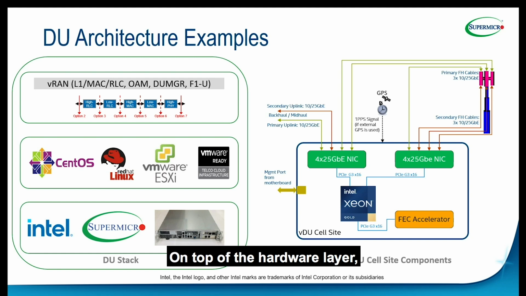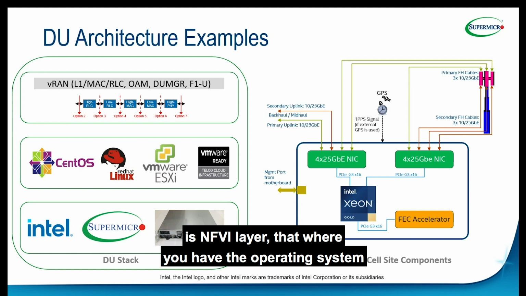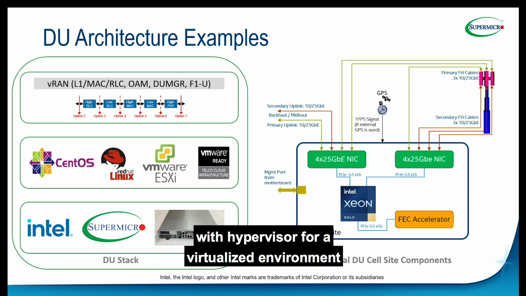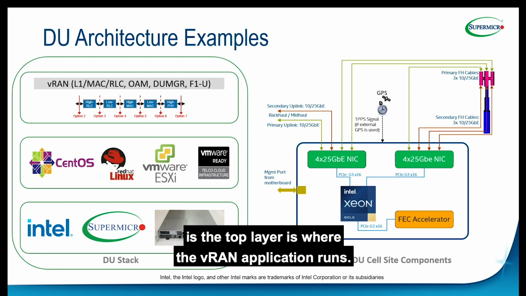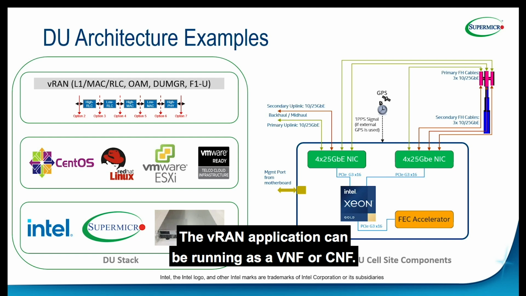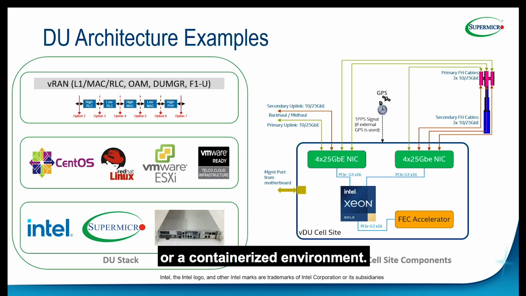On top of the hardware layer is the NFVI layer, where you have the operating system with hypervisor for a virtualized environment or a Kubernetes-based container environment. And on top of that is the top layer, where the vRAN application runs. The vRAN application can be running as a VNF or CNF, depending on whether it's a virtualized environment or a containerized environment.